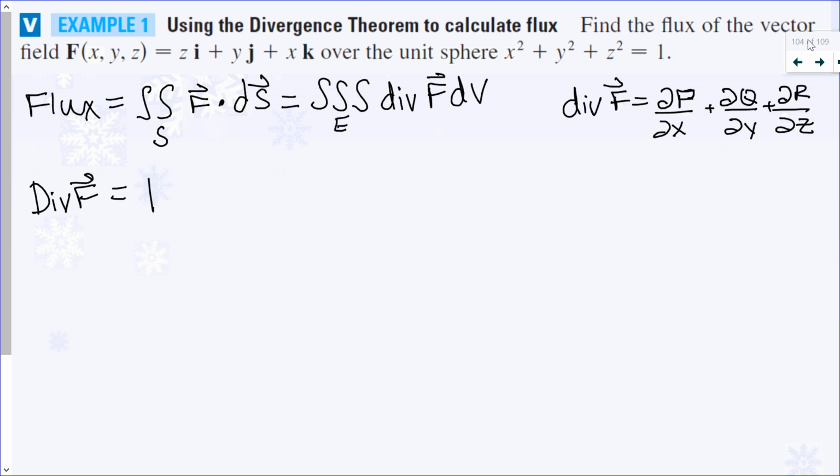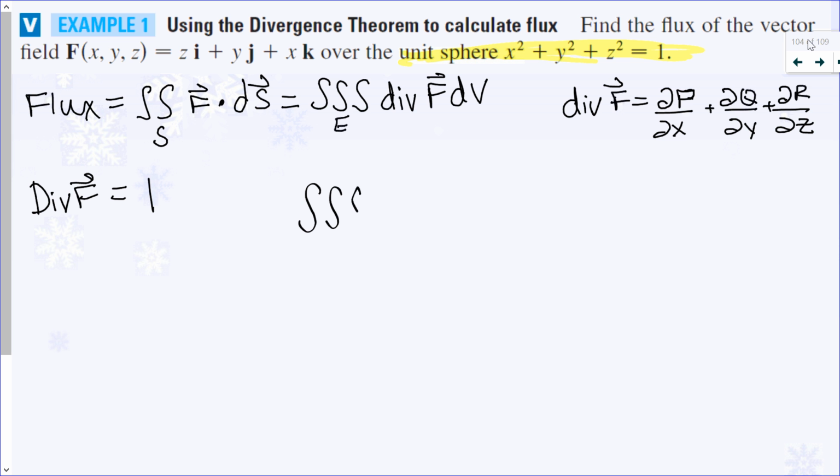Now we have to consider our surface, and again, it has to be a closed solid region. A sphere is definitely closed, and it's simple. It doesn't cross over itself at all. That would indicate we probably want to go to spherical coordinates. However, let's just set up our triple integral.